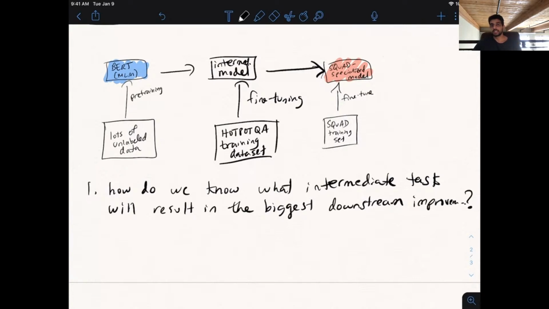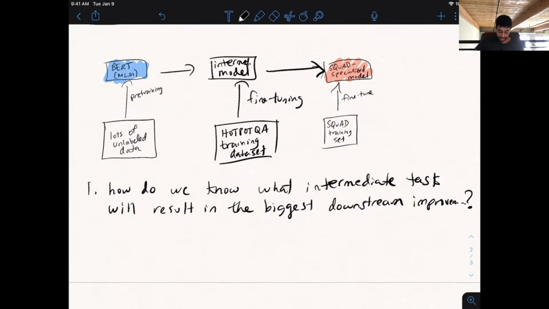It tests a lot of the same kinds of reasoning as SQuAD, and that's why HotpotQA is better than sentiment analysis for this intermediate task, because sentiment and SQuAD share very little in terms of what the model is expected to learn. So it would be nice, of course, if that was always true and there was an interpretable reason why a particular data set worked better than another.